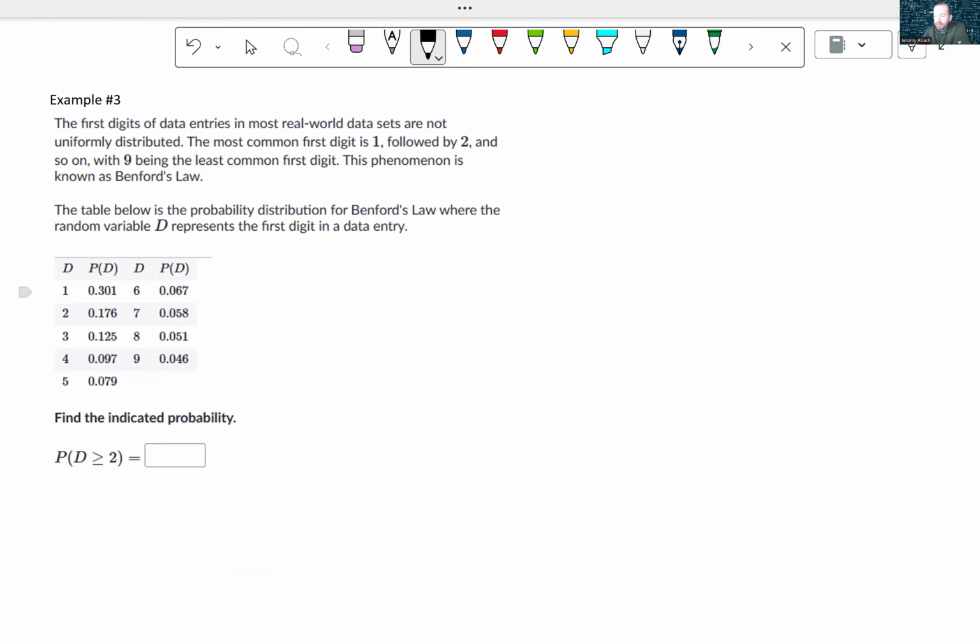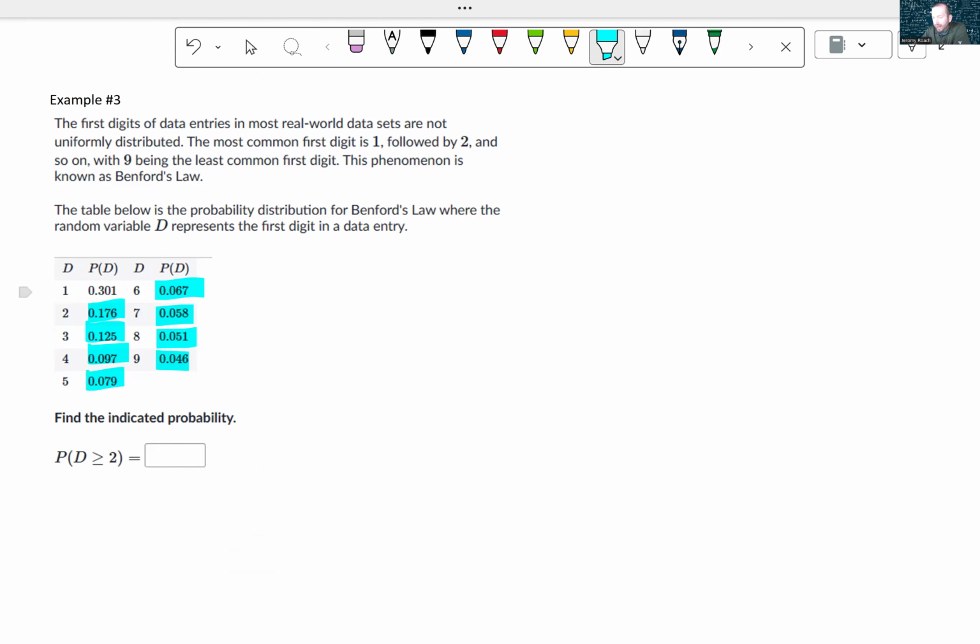Okay, it says find the indicated probability. The probability that D is greater than or equal to 2. That says the probability that a digit is greater than or equal to 2. So that tells us we want to add up all of these probabilities, because greater than or equal to 2 means 2, 3, 4, 5, and all the way through 9.